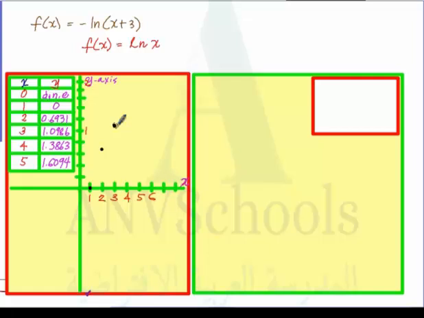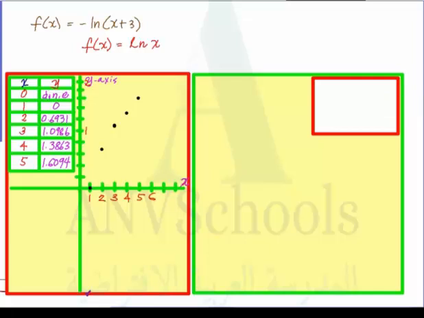Okay, so it's here. 1.3863 for x is equal to 4, so it would be here. Okay, and for 5, x is equal to 5, 1.6094, so it would be here.